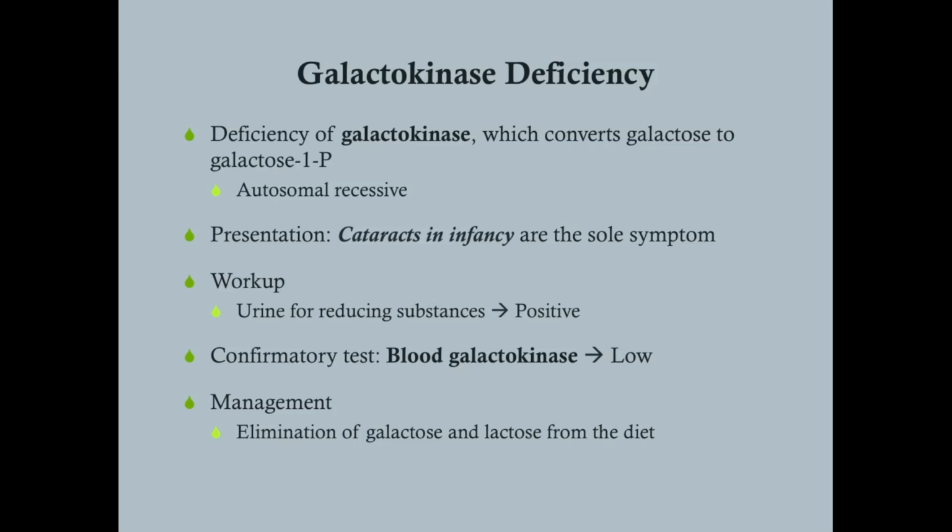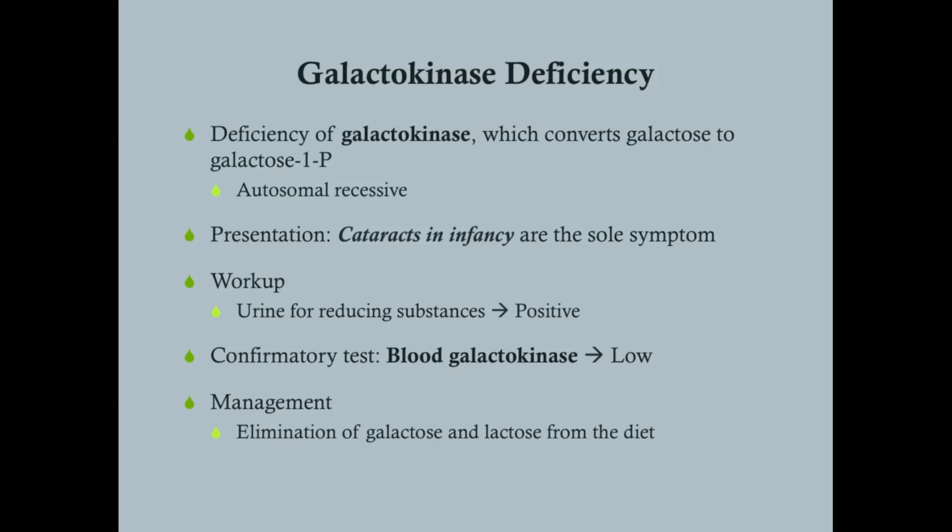It's cataracts in infancy. There's lots of reasons that an infant may have cataracts. One of the first things you might think of is some of those TORCH infections, and that would certainly be one thing to think of. But one of the other things you want to think of is galactokinase deficiency. It's not terribly uncommon, about 1 in 50,000. The most common one that we've talked about, though, in all of these is hereditary fructose intolerance.